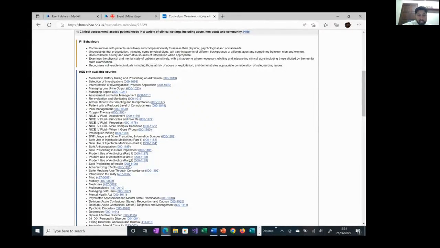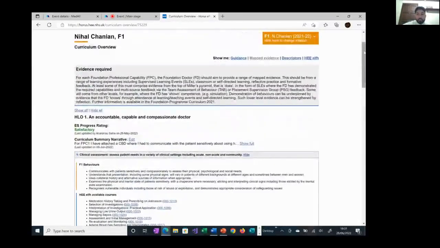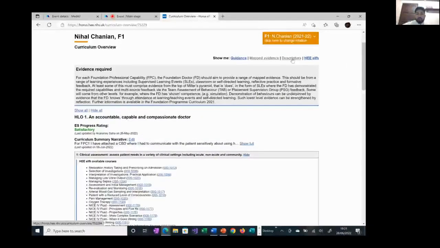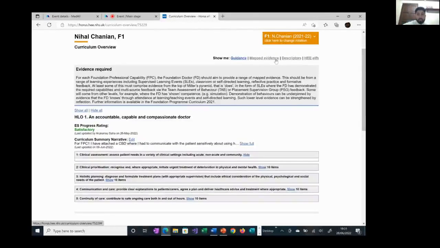So anything on this list, Mental Health Act, Adverse Drug Effects, NICE IV Fluid Assessment, you complete any of these, you can map it to FPC1, and that counts as engaging with your curriculum. It's quite useful to know that because I didn't realise that until my very last rotation.